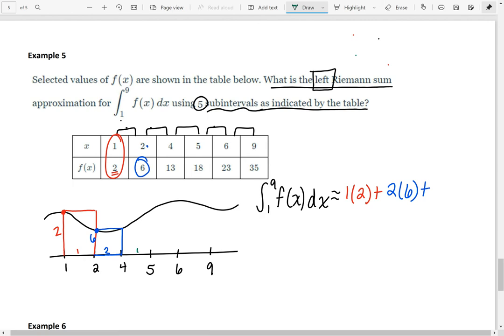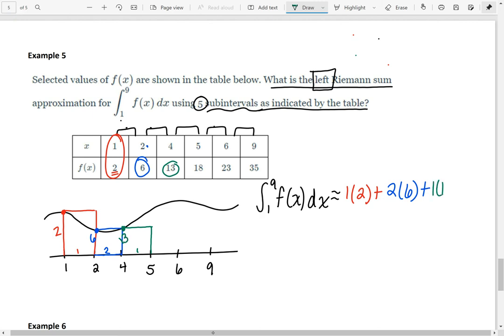Width is 1 again from 4 to 5. Then when I draw my rectangle on the curve, now remember I just sketched this curve in, so these heights are not going to be accurate. But I have to look for the height where the x value is 4. So for this 4, it will be 13.